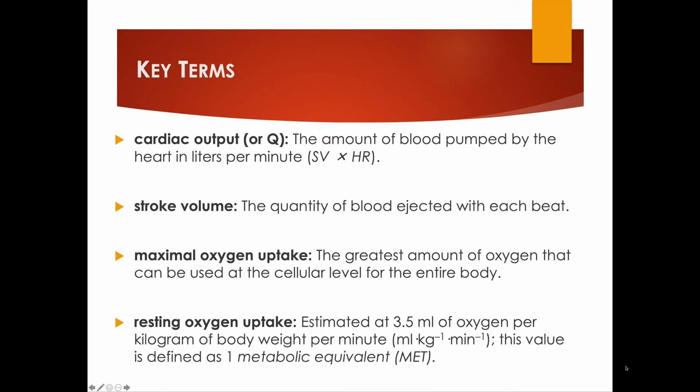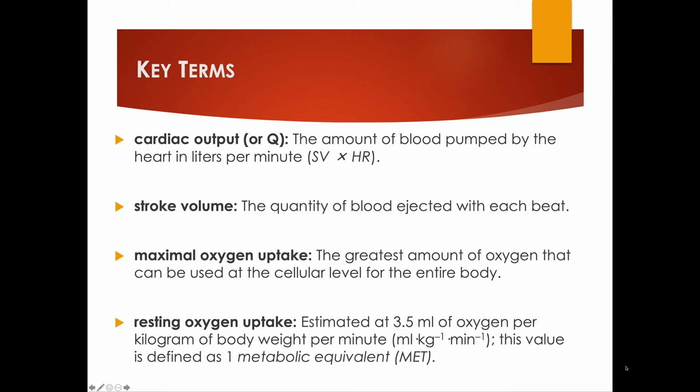That's why those who are trained can do one workout at a lower heart rate than those who are untrained, because those who are trained have a greater stroke volume. So stroke volume is the most important factor when you're looking at the overall cardiovascular system in a lot of ways, because it's looking at how well blood is being ejected out of the heart.